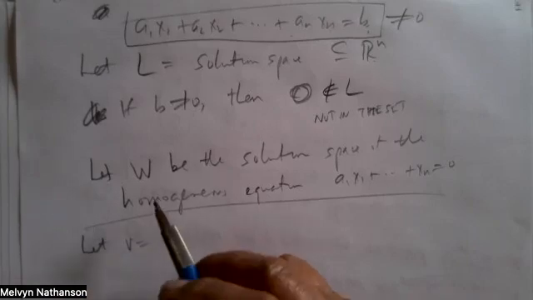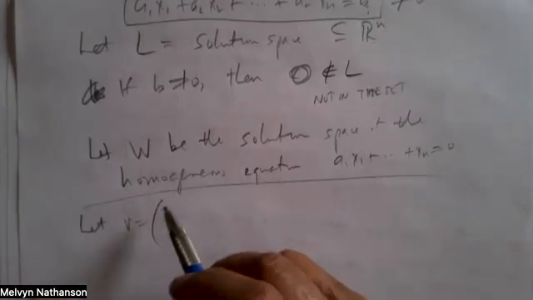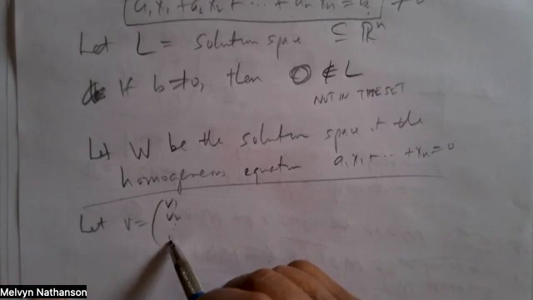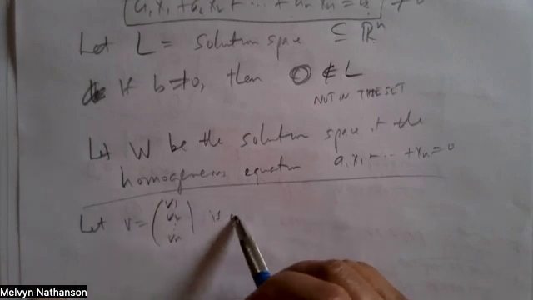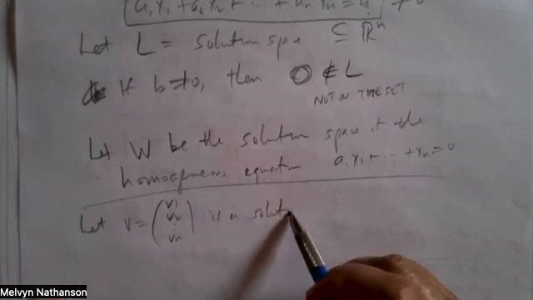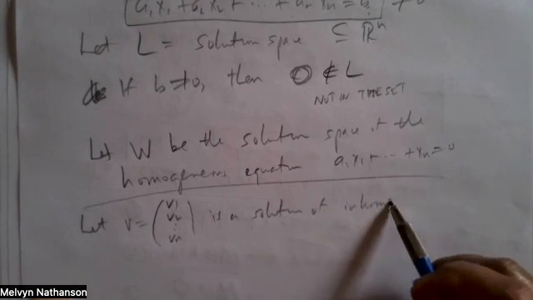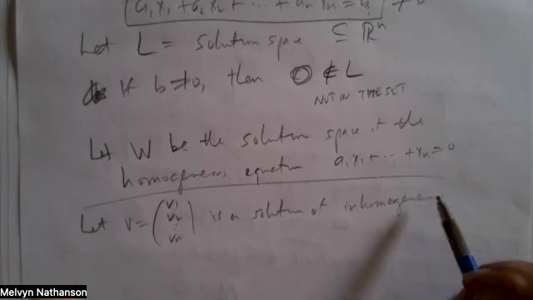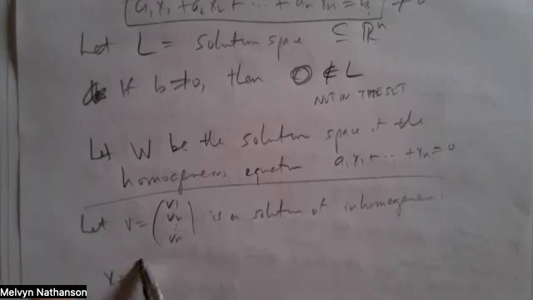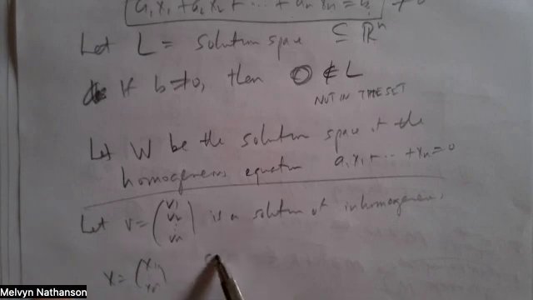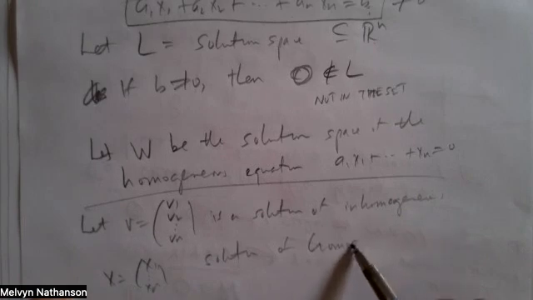Suppose that V, a vector with coordinates v1, v2, down to vn, is a solution of the inhomogeneous equation. And X, with coordinates x1 to xn, is a solution of the homogeneous equation.